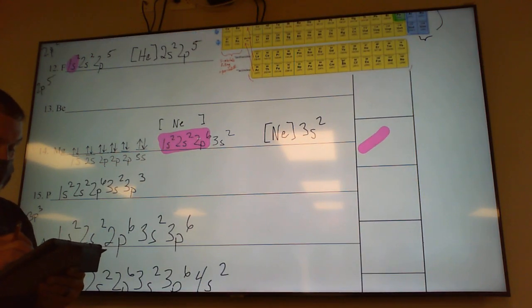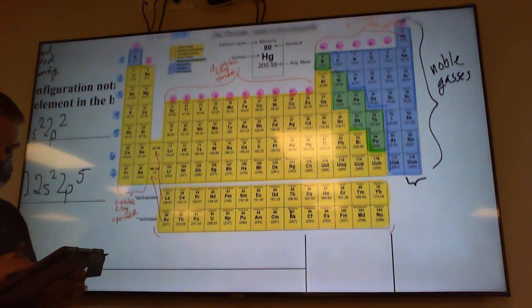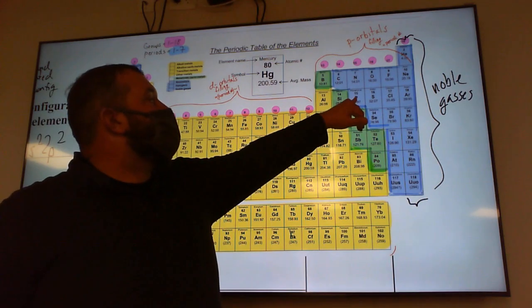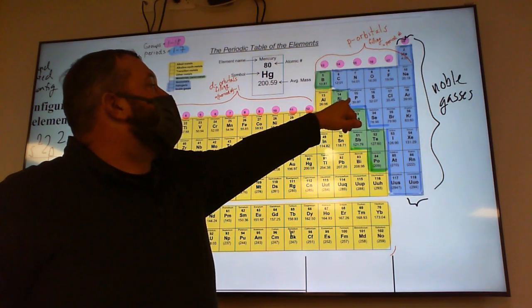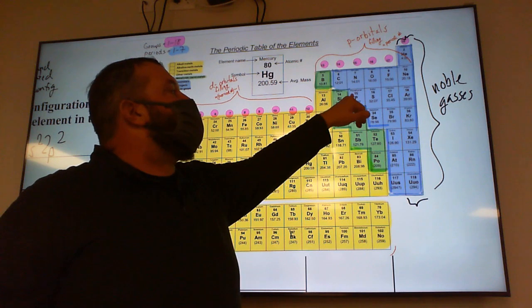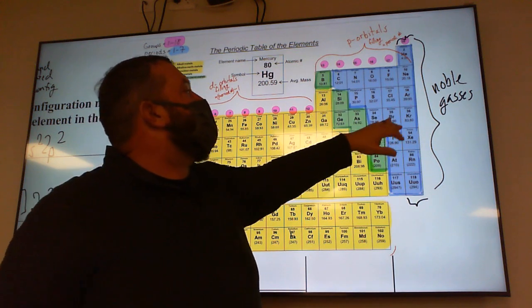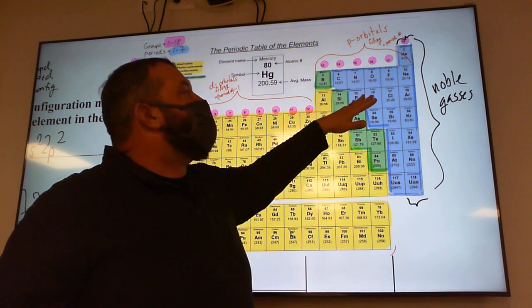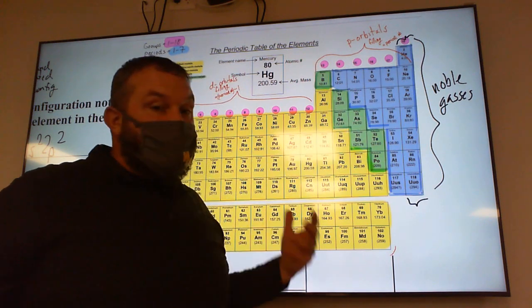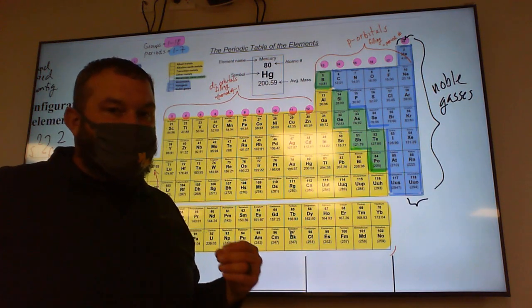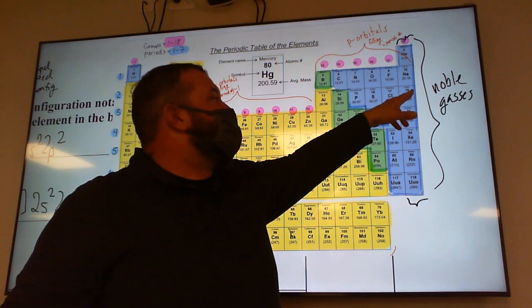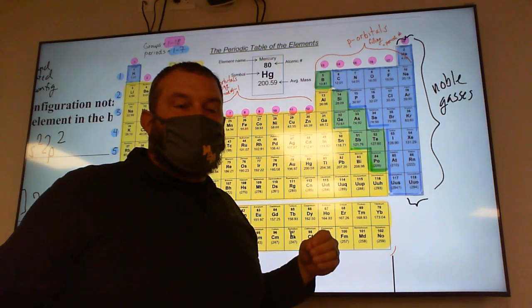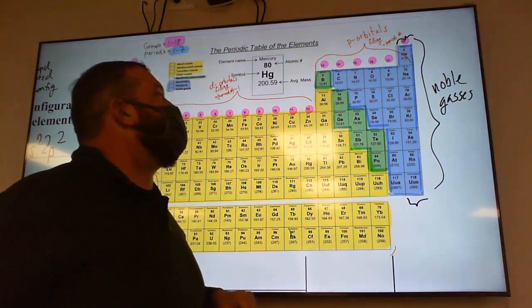Phosphorus. Phosphorus is right here. So if this is phosphorus, the noble gas that comes before it has an atomic number less than 15. Is it neon, which has 10, or argon, which has 18? Obviously, it's neon, which has 10, because 10 is less than 15. Argon, which has 18, is greater. We have to use the one that comes before it. I can't stress that enough.